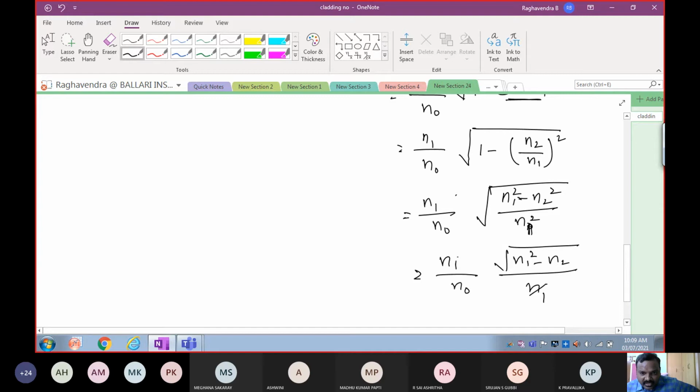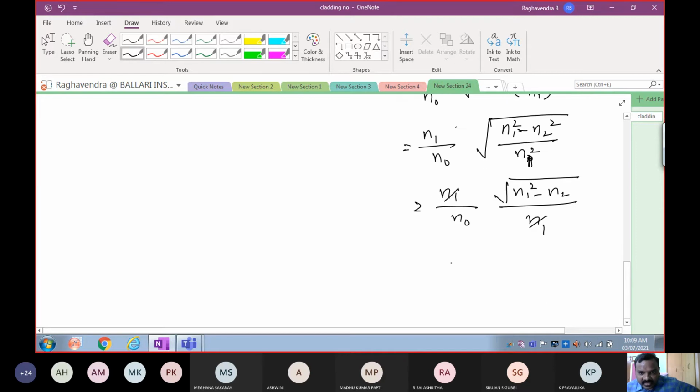So n1 gets cancelled here. Finally, we are left with the square root of n1 square minus n2 square divided by n0.